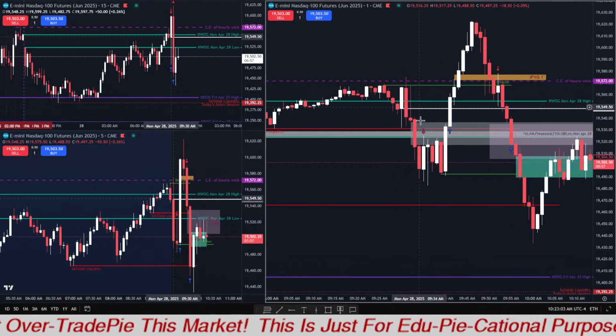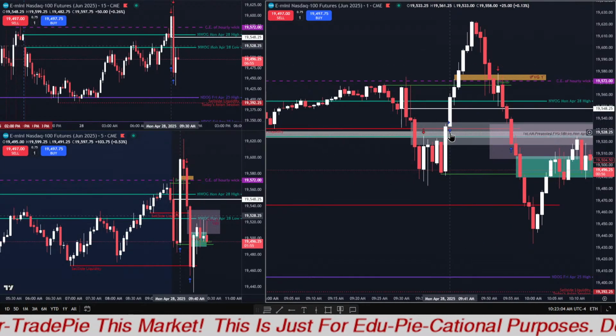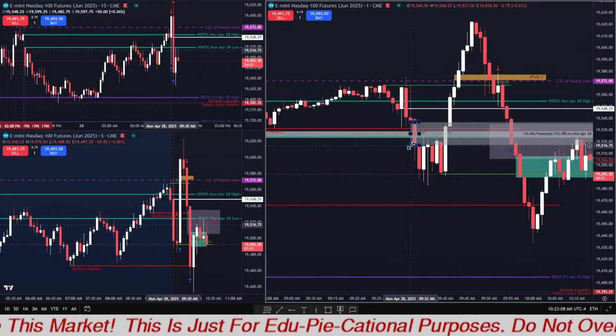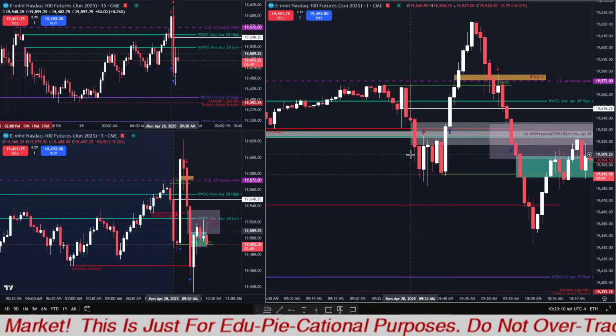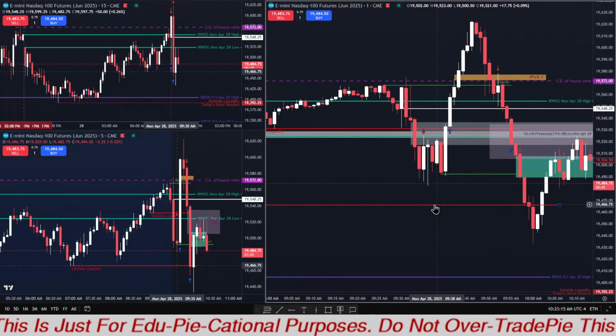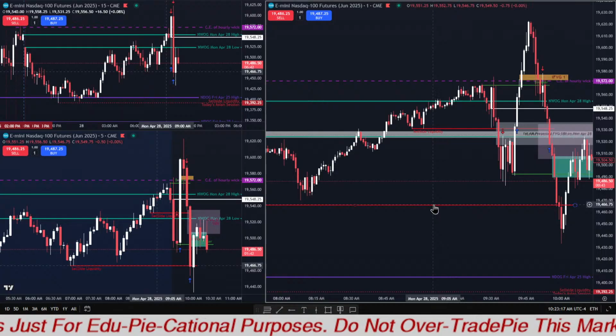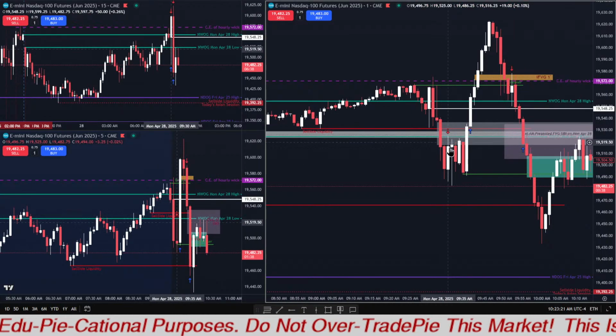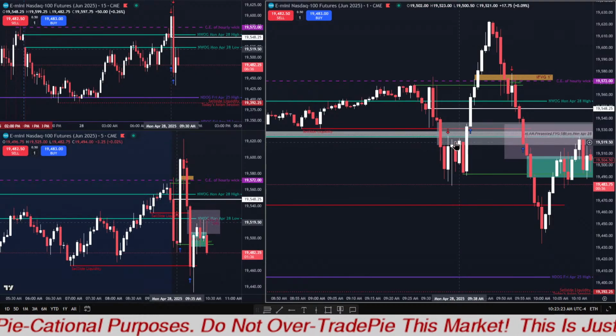For the first position over here, that was our loss. The position was based on the first presented fair value gap model, and I was aiming for the sell side liquidity over here, because we had this type of reaction in the market.